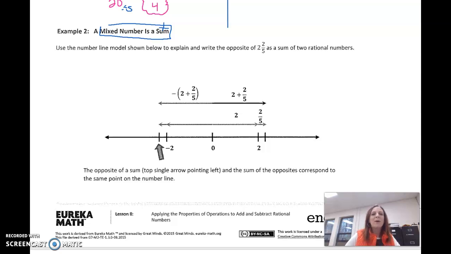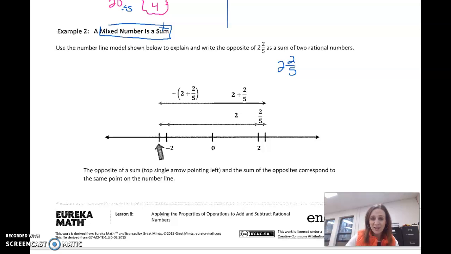So it says use the number line model shown below to explain and write the opposite of 2 2/5 as a sum of two rational numbers. Don't get caught up in all that language. I'm not focusing there. I want us to think, okay, if we have 2 2/5, what does that mean?